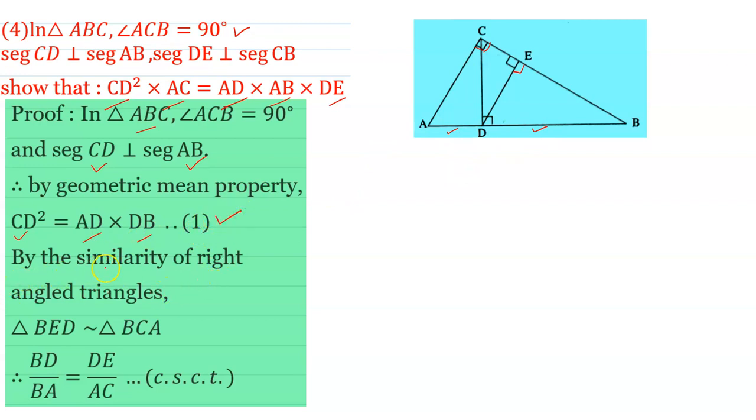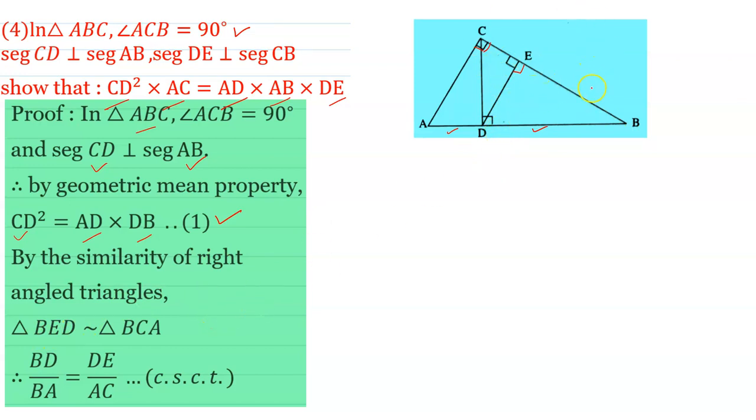Next, by the similarity of right angle triangles, triangle BED is similar to triangle BCA.